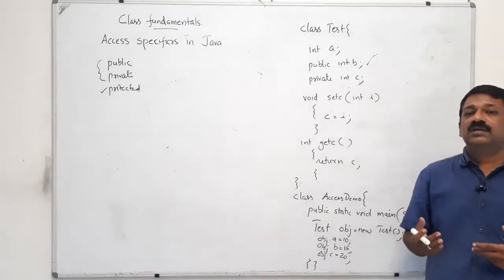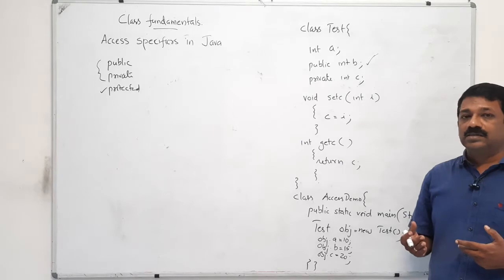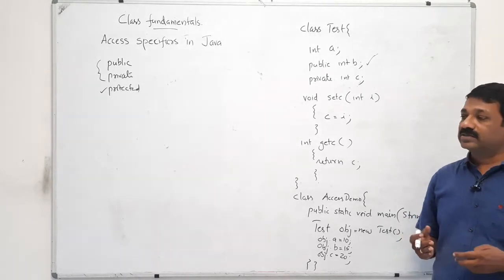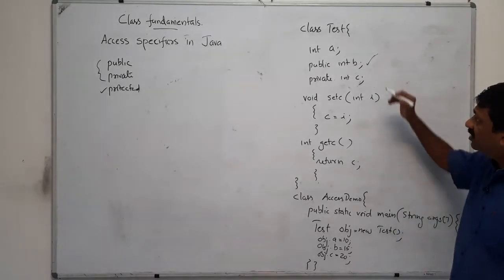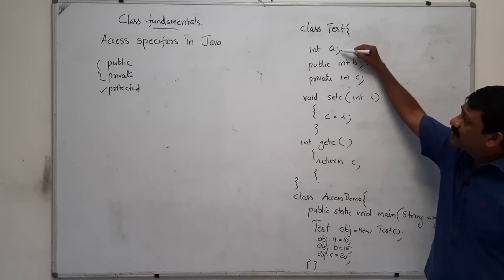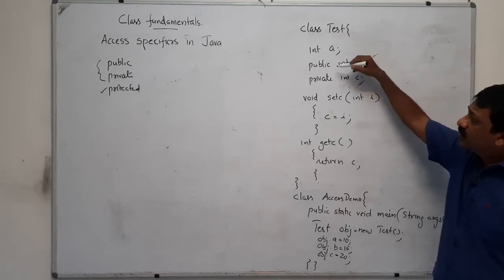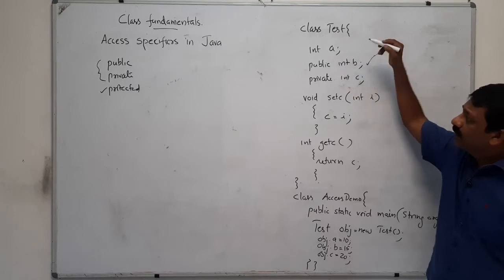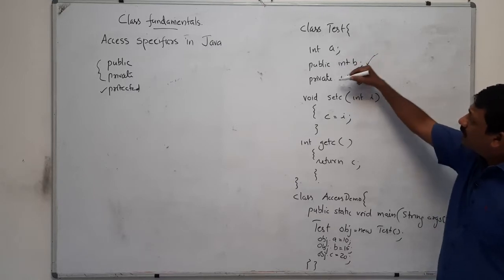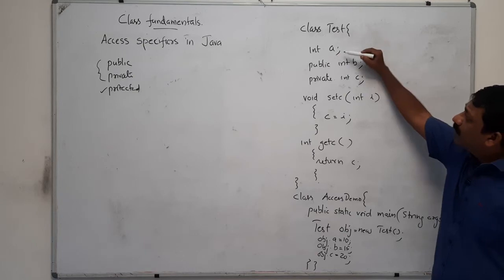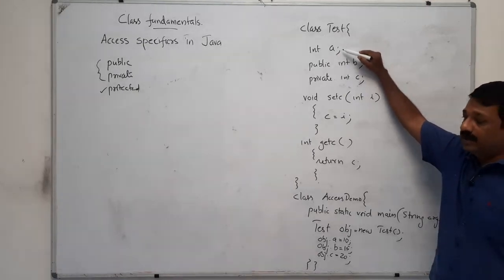Nobody outside that class is allowed to access it. For example, I have defined this integer a without any access specifier, so definitely that will also be public. Here this is public, this is private, and by default this is public.